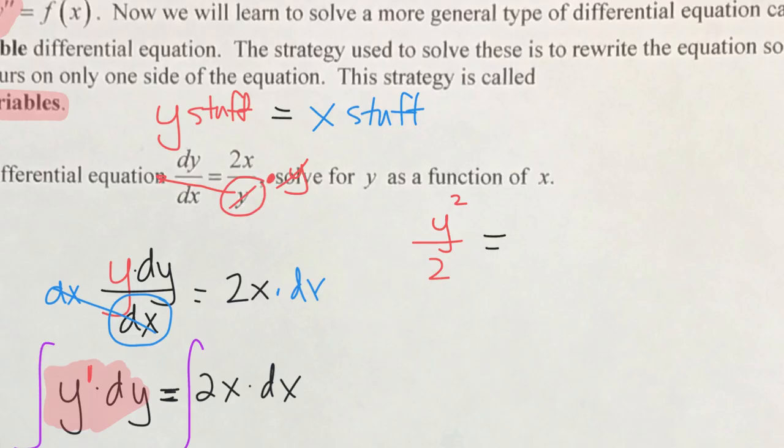Equals, what is the antiderivative of 2x? That's right, 2x squared also divided by 2, but the 2 and the 2 divide each other out. So it's just x squared. Now, anytime we take an antiderivative, we're always going to have this constant of integration, this plus c.